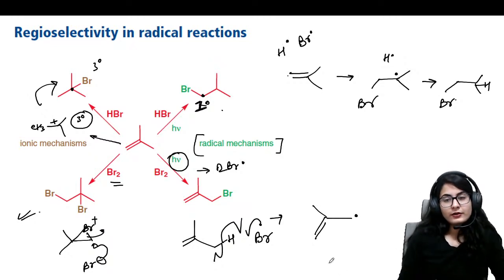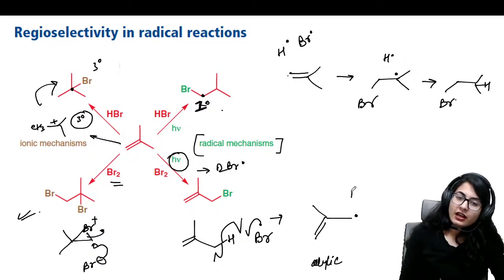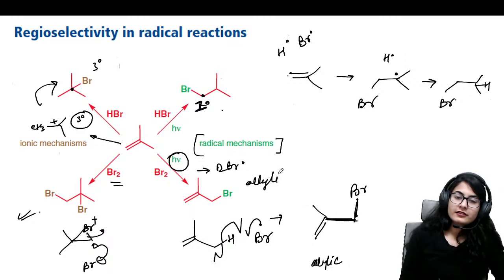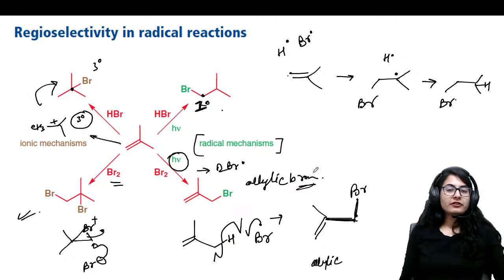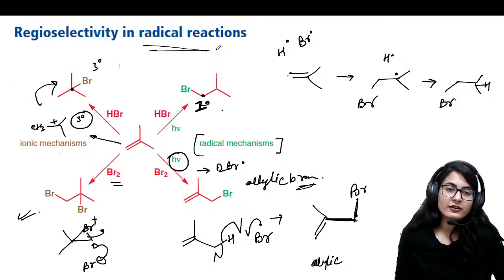Yes. So you get the allylic radical. After the allylic radical, one more Br radical remains and that radical is going to form a bond over here. तो ये क्या बन गया guys? Allylic bromination.